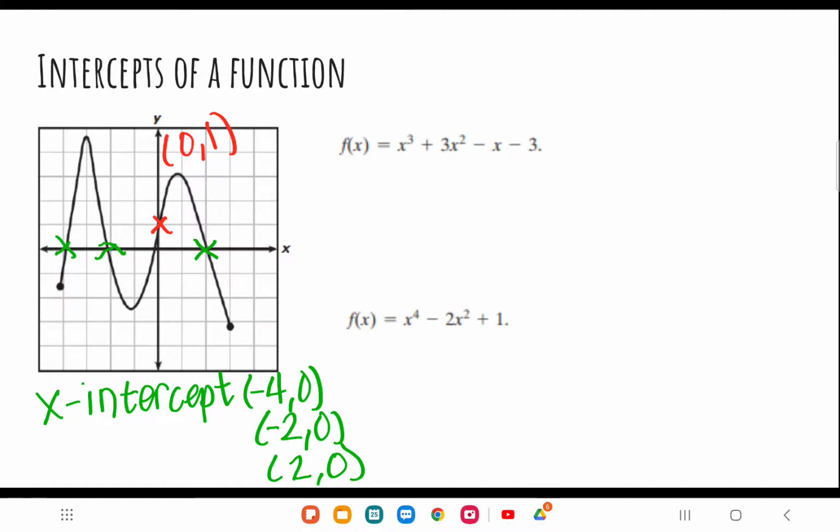We can also determine this if we are given the function equation through the use of factoring or the quadratic or cubic formulas. Let's look at this example of a cubic function. I'll set it equal to 0 to determine my x-intercepts or zeros of the function.